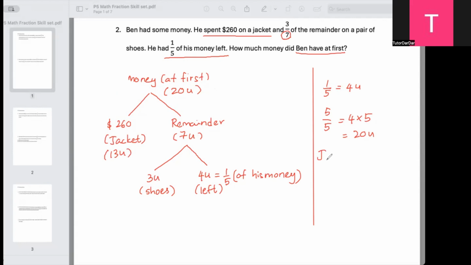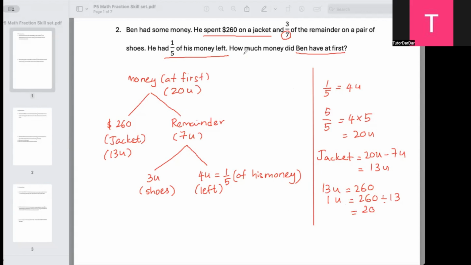So jacket is going to be 20U minus 7U equal to 13U. So as you can see, 13U is equal to 260. So 1U is equal to 260 divided by 13, which will give you 20.